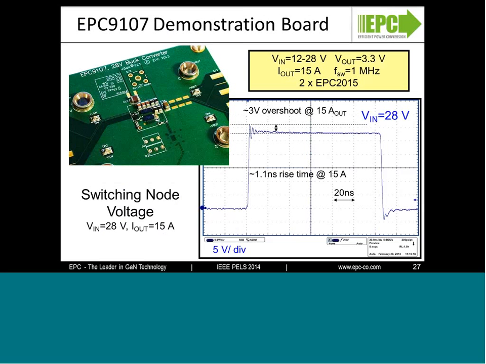Shown here is a demo board that we have available where we have a 28-volt buck converter operating at 1 megahertz. We can transition 15 amperes of current and 28 volts in around 1.1 nanoseconds, and we only see around a 3-volt overshoot. So we can transition very fast, and we can transition with very low overshoots, and that's going to help with your EMI. It's also going to help increase the usable range of your device.